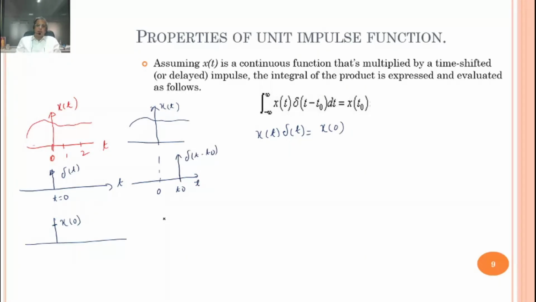The multiplication of these two will occur only at t0, which becomes x of t0. We can write x of t into delta t minus t0 equal to x of t0 into delta t minus t0.